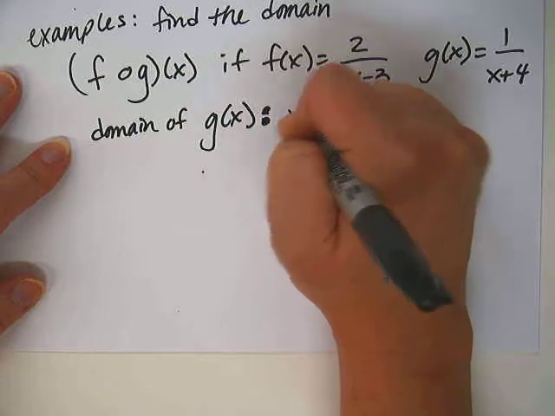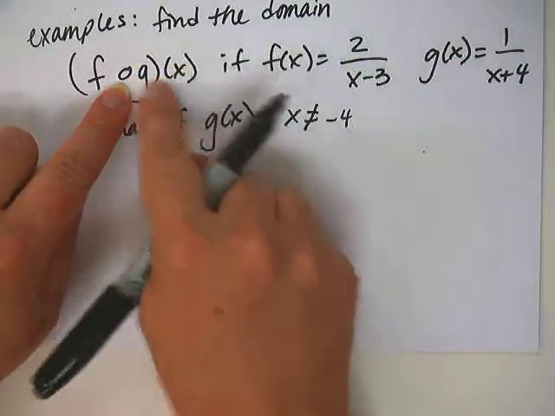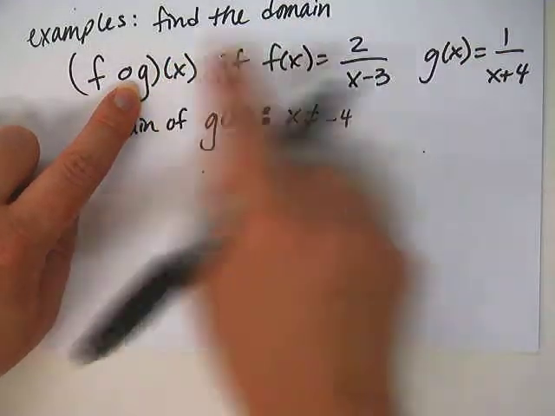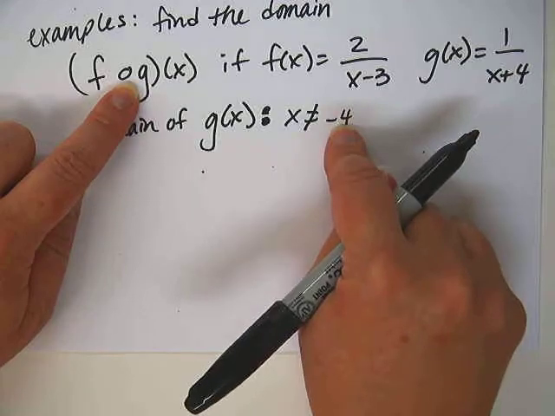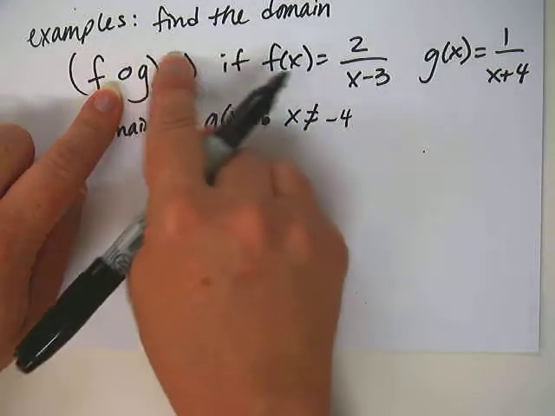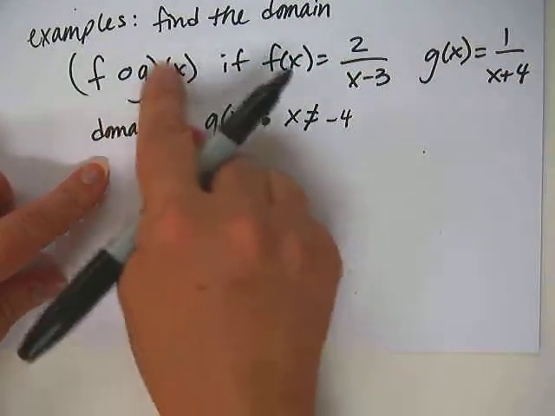So it looks like x cannot equal -4. Since g of x is the first thing we have to do, and we can't plug in a -4, that means -4 cannot be part of our domain for this problem, ever, because we can't plug it into the first function.